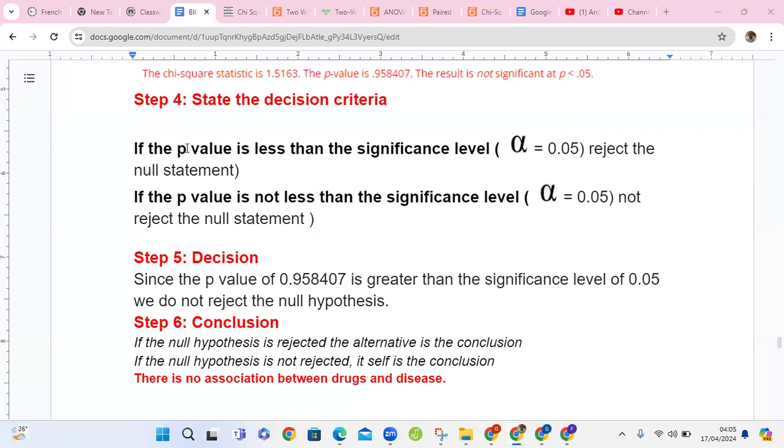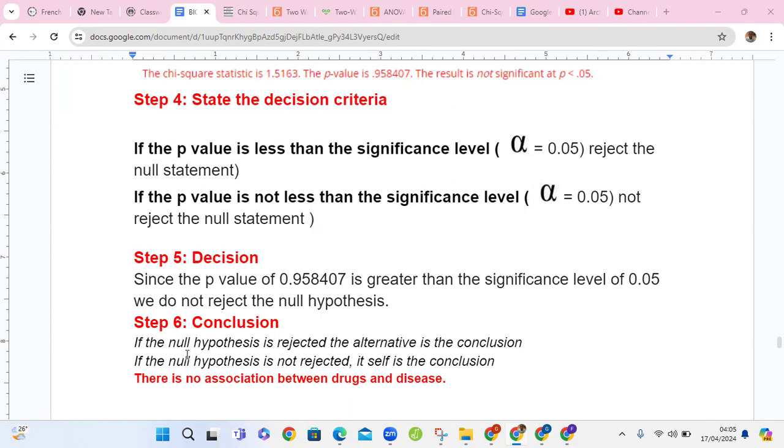Remember the decision criteria says that if the p-value is less than the significance level of 0.05, we reject the null statement. But if the p-value is greater than the significance level, we do not reject the null statement. Here our p-value is 0.95847, which is much greater than the significance level of 0.05. So we do not reject the null hypothesis. So we must conclude with the null hypothesis because we did not reject it.